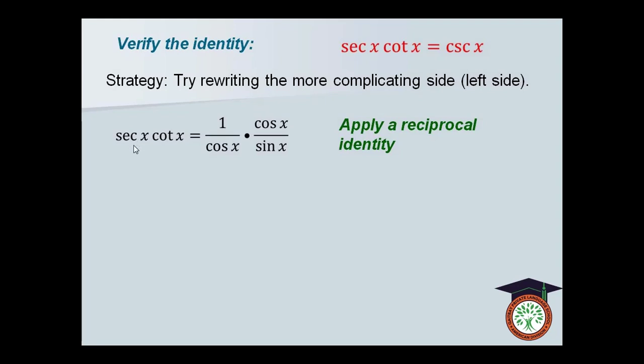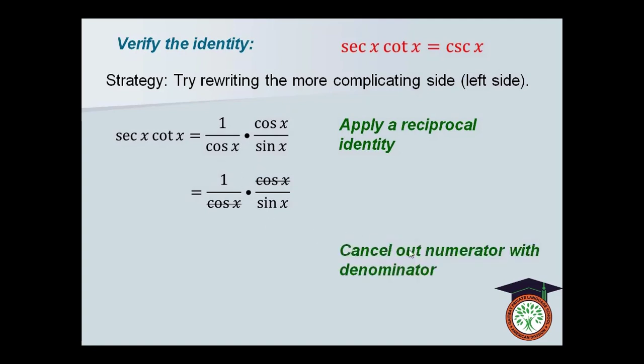So the left side here, sec x times cotan x. Let's remember sec x equals 1 over cosine x, very good, and cotan x equals cosine x over sine x. This is from the rules. Now, by simplifying, we cancel out the numerator with the denominator.